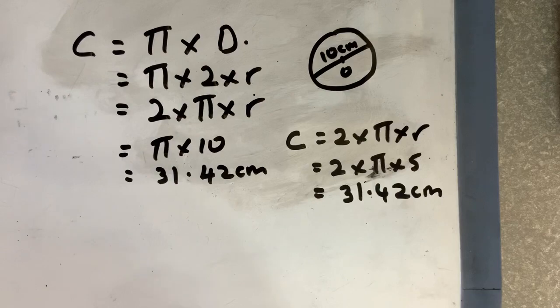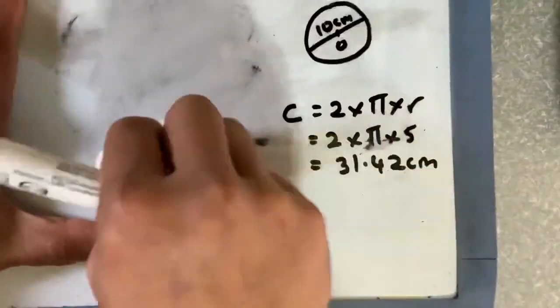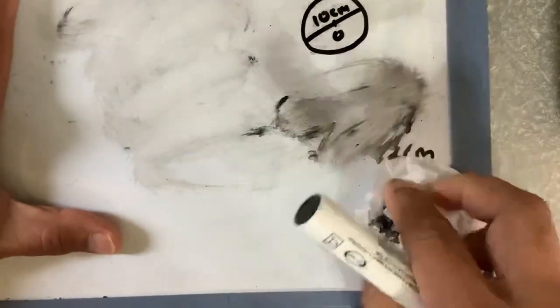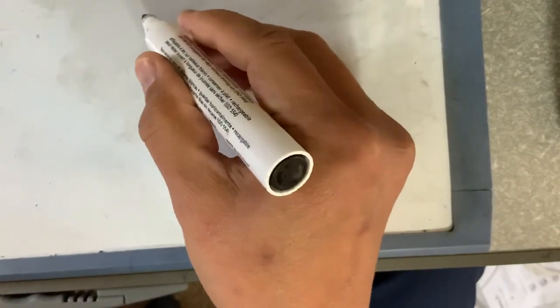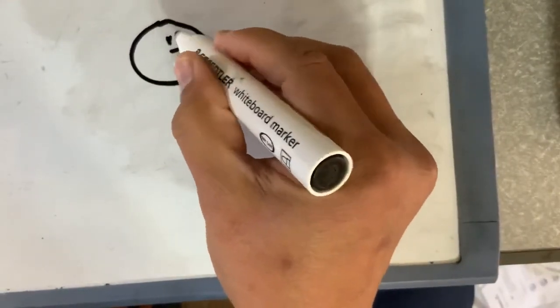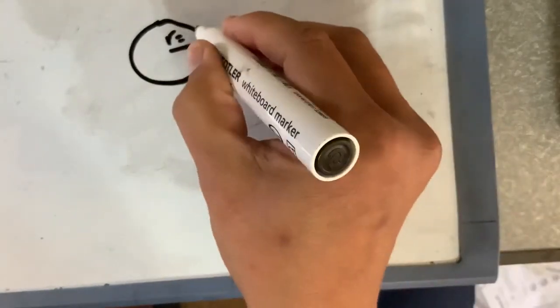Now we shall calculate the circumference if the radius is given instead of the diameter. So for example, if we are given another circle, if the radius is given as 8 centimeter, how would you calculate that?